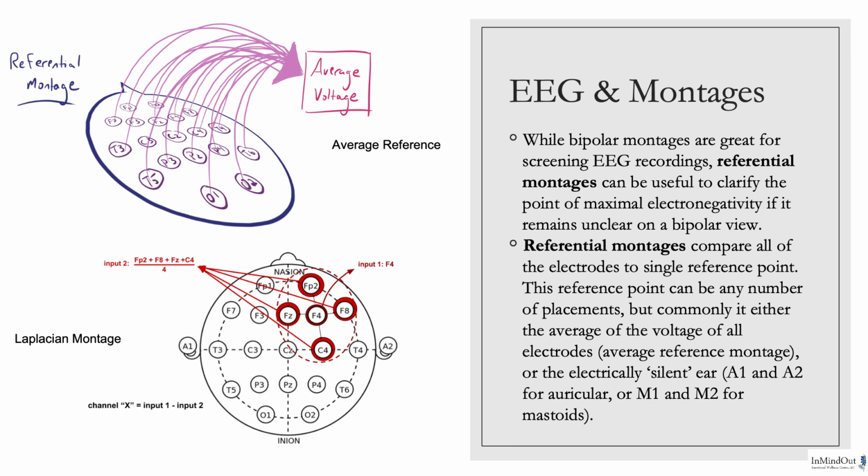So we have the average reference montage, and then we have the Laplacian montage, which is a little bit like the average reference montage, but it only looks at the channels immediately around, as in this example, around F4, and then compares that to F4. Whatever is different at F4 from the average of the other ones is then shown as the activity in that channel on the screen.